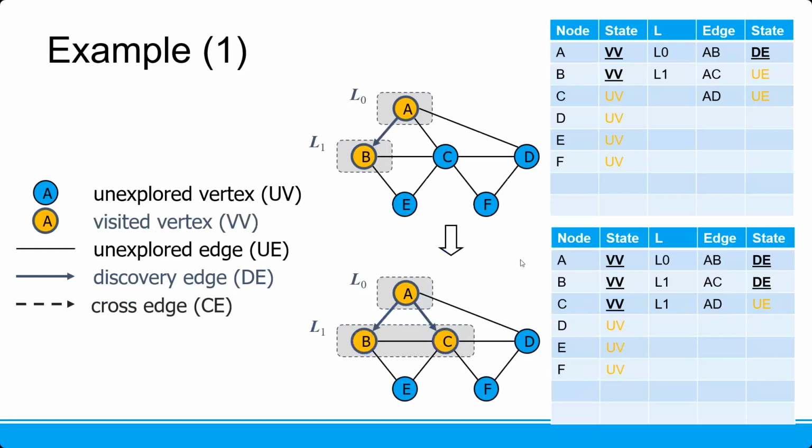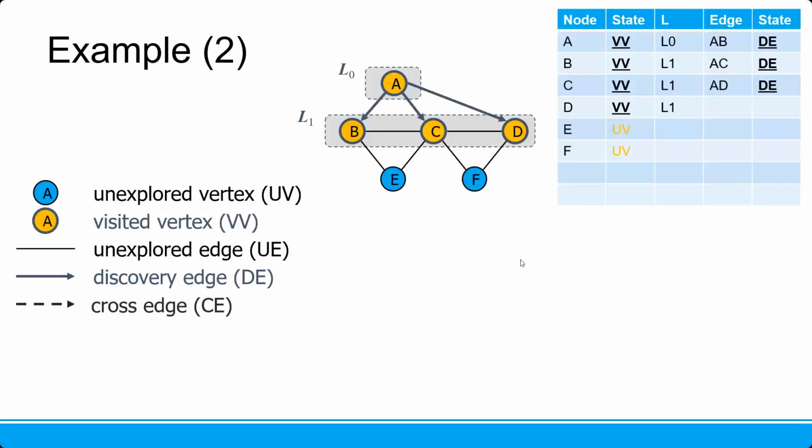Then we check, is D unexplored? Yes, then we can go to D. We mark D as visited, and this edge is also unexplored, so we mark it as discovery.